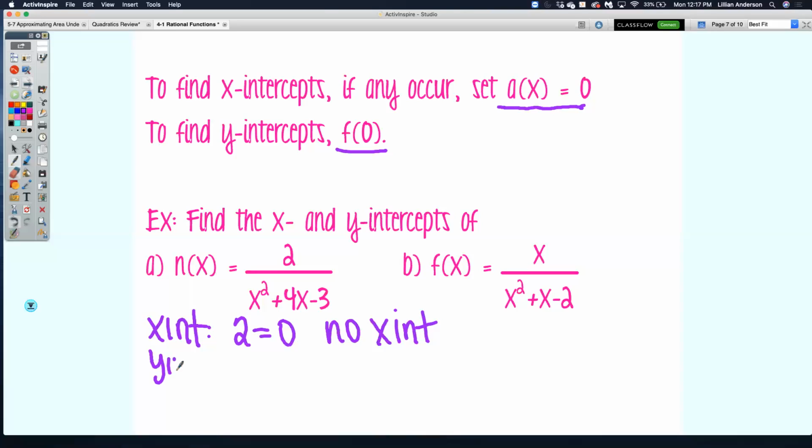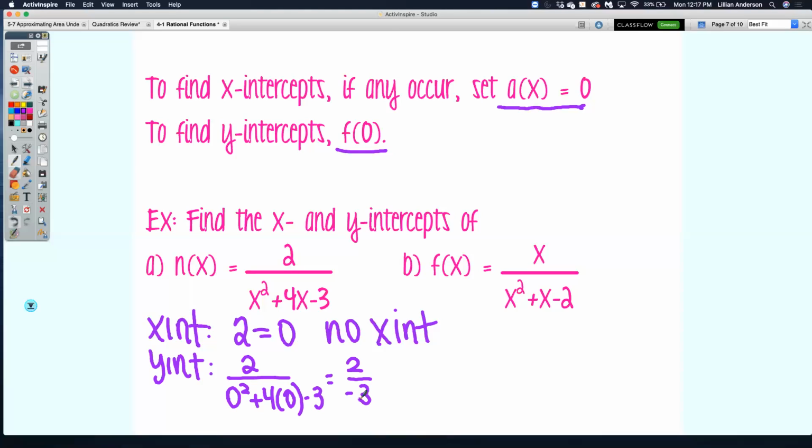To find my y-intercept, I plug in 0 for all of my x's. So then that's going to be 2 over -3.